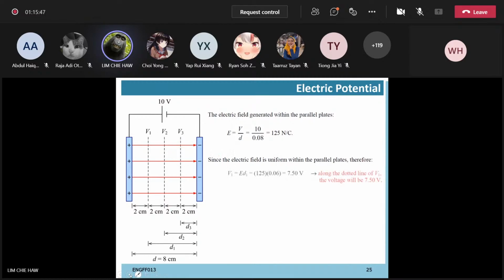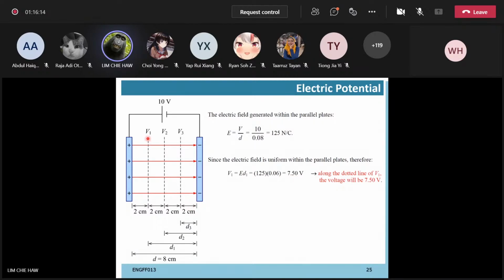So you can use this equation to determine the value of V1. You can work backward from this equation: V1 equals E times D1. We substitute E into here, and for D1, because V1 is here, the distance to the ground, or the negative plate, is 6 centimeters. So we get 7.5 volts.